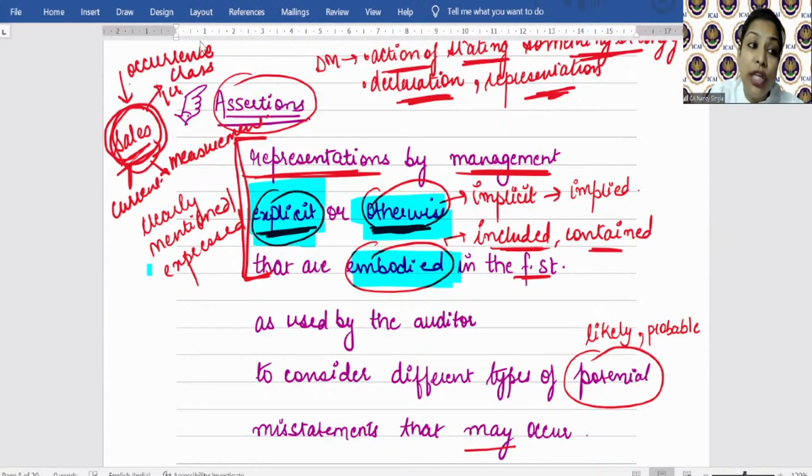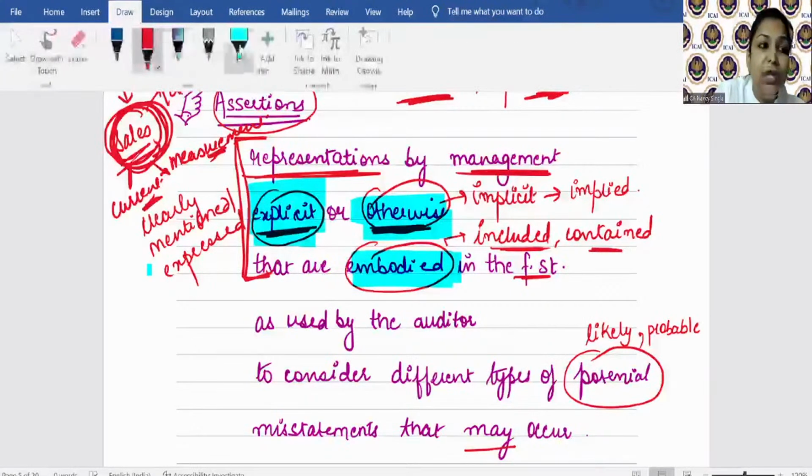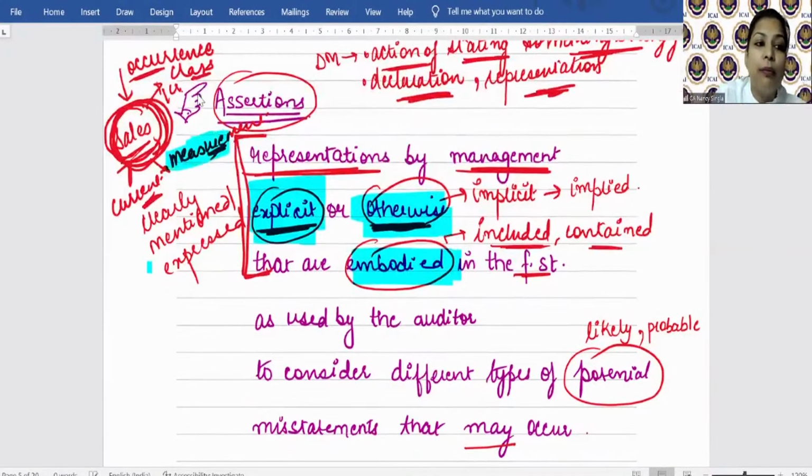And auditor is going to check each and every assertion with respect to the items appearing in the financial statement. Auditor sales का सिर्फ एक ही चीज थोड़ी ना चेक करेगा, that whether proper amount पे आ रहा है नहीं. Auditor is going to check whether it pertains to current year, whether the classification is proper, whether they have actually occurred during the year, whether it pertains to the entity. है ना?